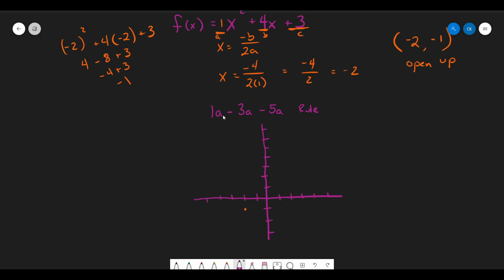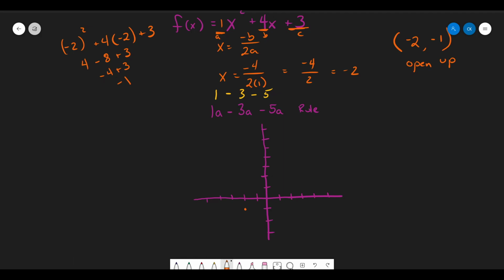But I'll always look at A here. So 1A is really 1, in this case, times 1. So in this specific parabola, we're going to be working with 1 times 1, which is 1, 3 times 1, which is 3, 5 times 1, which is 5. So in this specific parabola, it's the 1, 3, 5 rule.